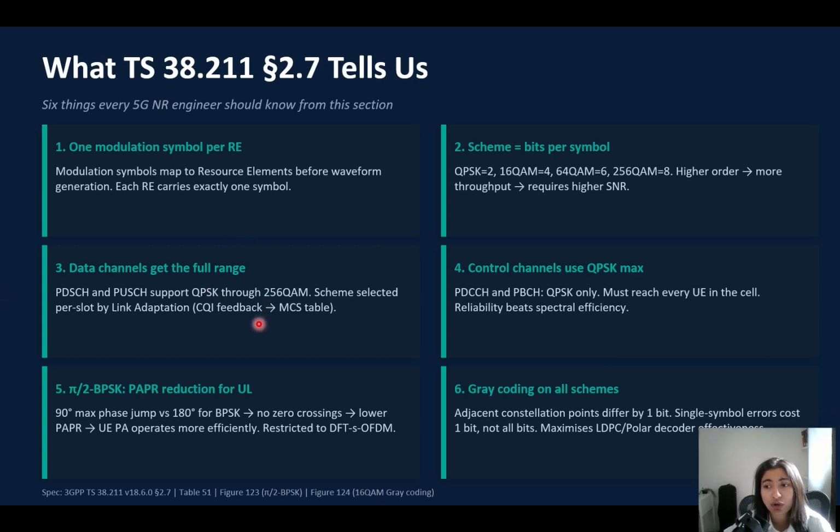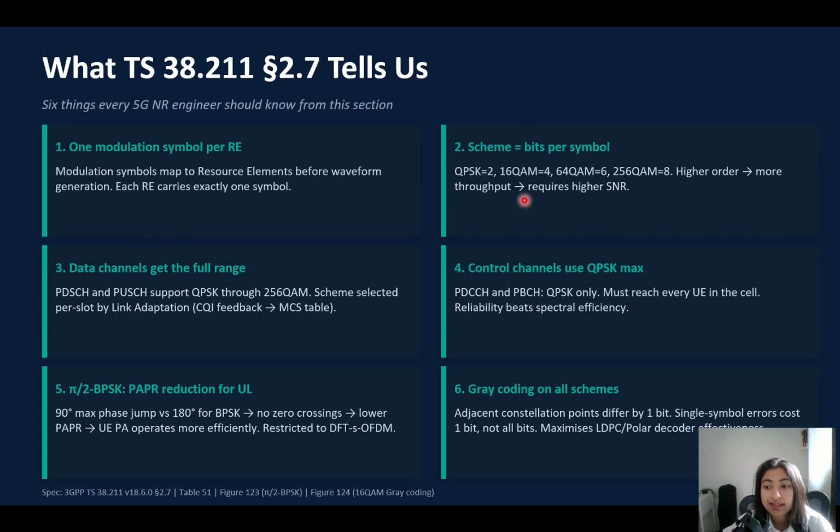Now let us bring it all together. There are 6 points that you must fundamentally remember when you leave this video. The first one is that modulation symbols are mapped to resource elements. One resource element consists of exactly one symbol. The symbol is a complex number. The symbol is a point on the constellation diagram.